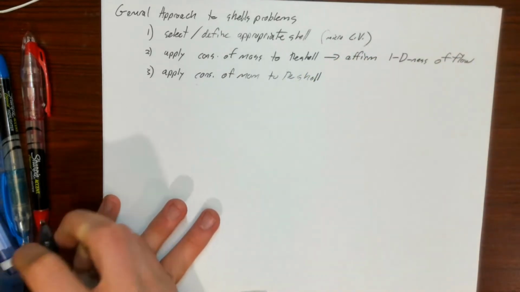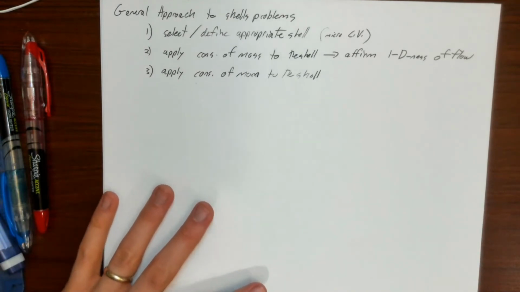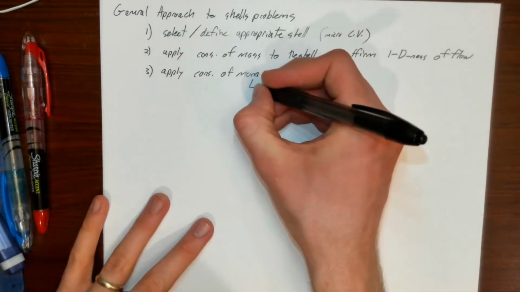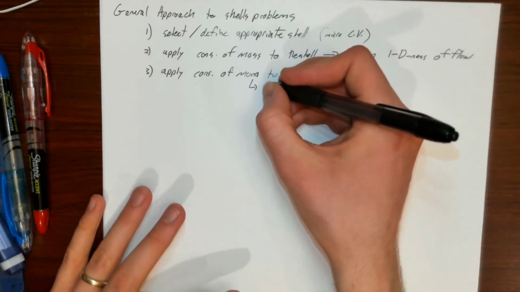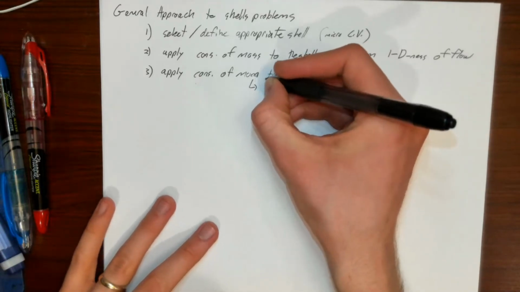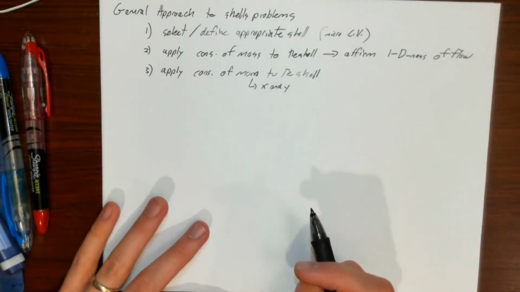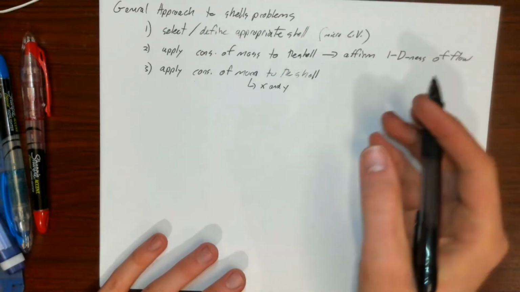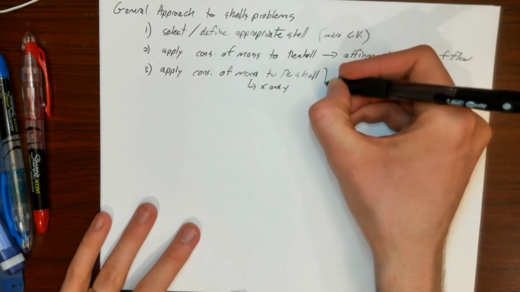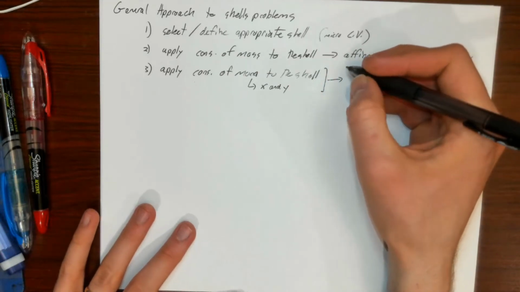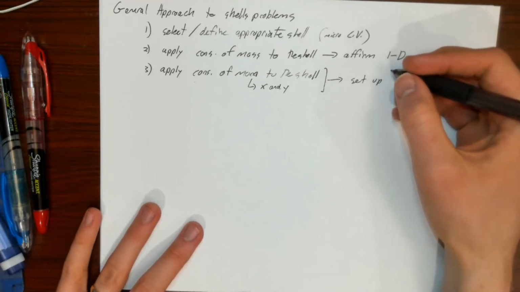And oftentimes when we do conservation of momentum, we might need to apply it along multiple coordinates or in multiple directions. So for this problem, we're going to need x and y momentum to help solve it. So we're going to need conservation of momentum, possibly in multiple directions, and basically this is going to help us set up a differential equation.